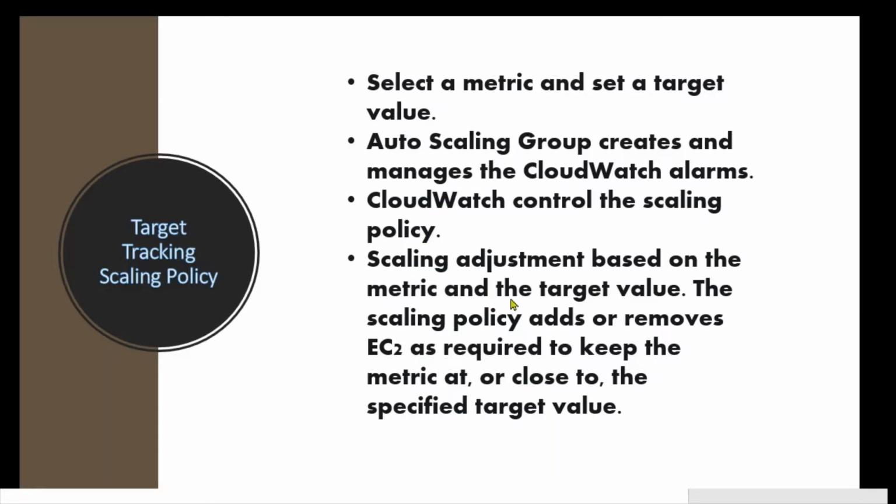We have a metric like CPU and then a target value of how much CPU usage it should reach. The scaling policy adds or removes EC2 instances as required to keep the metric at or close to the specified target value, like 50% of CPU usage. That we'll see in the lab.